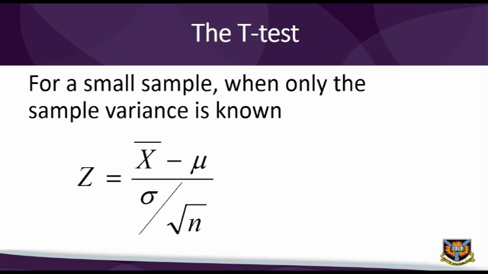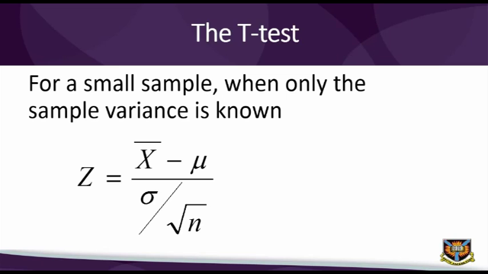And for a large sample, we use t is equal to x bar 1 minus x bar 2 over SED, where SED, in brackets sigma D, is equal to square root of sigma 1 squared over n1 plus sigma 2 squared over n2, equation 12.4.